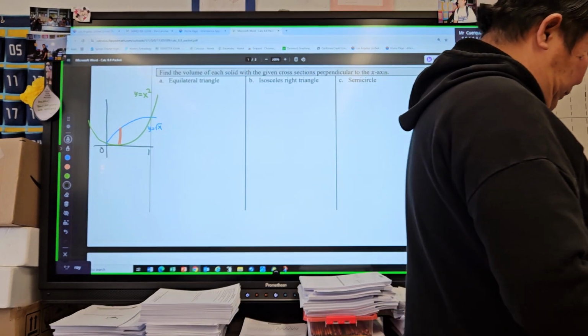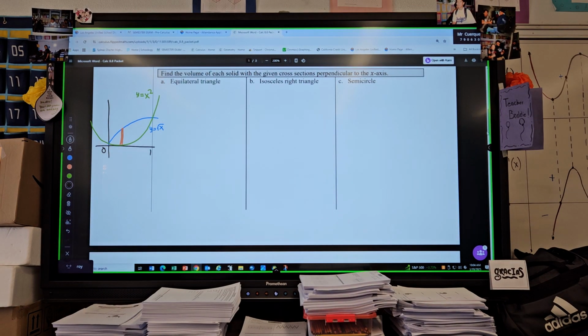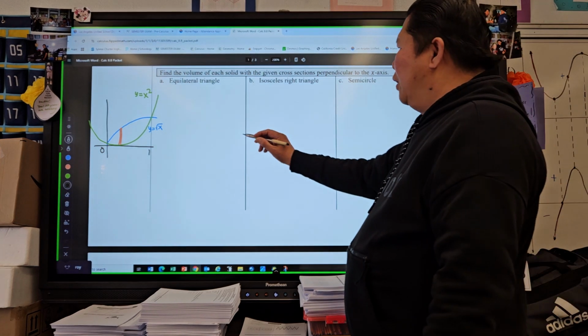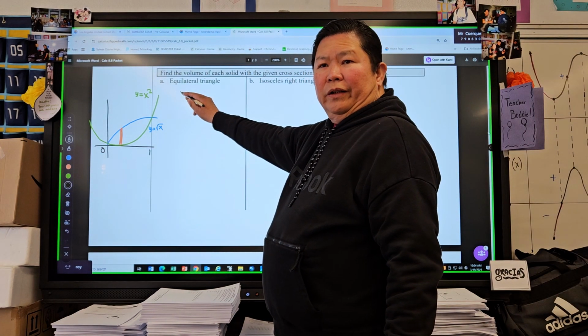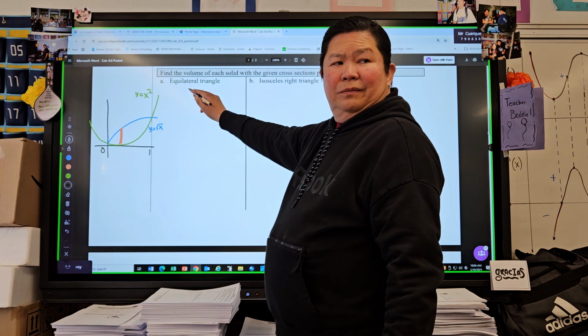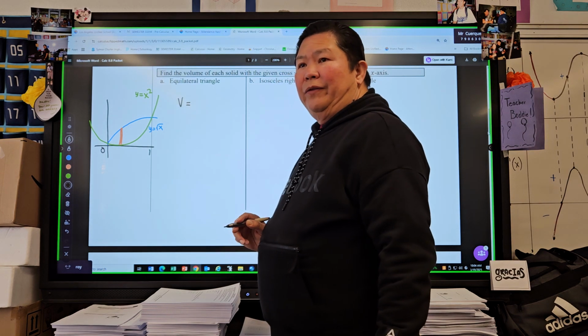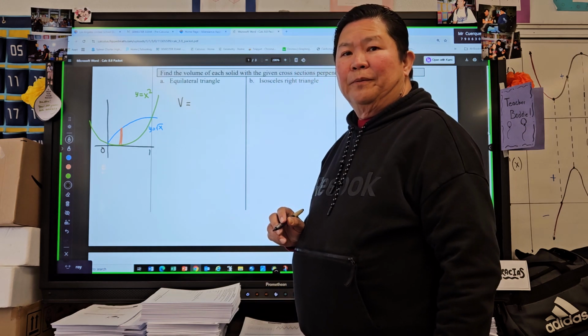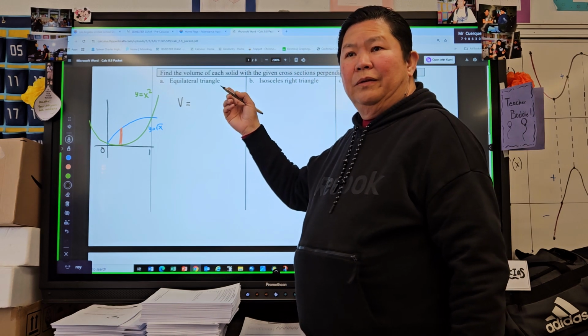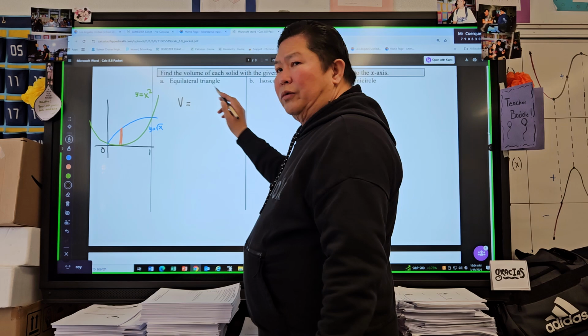What is the equilateral triangle formula? Radical 3 over 4 s squared, dx. V equals what?